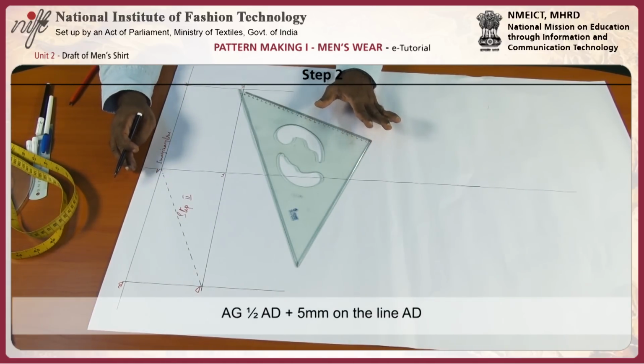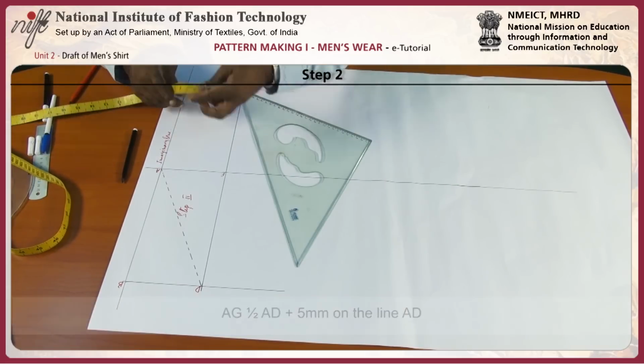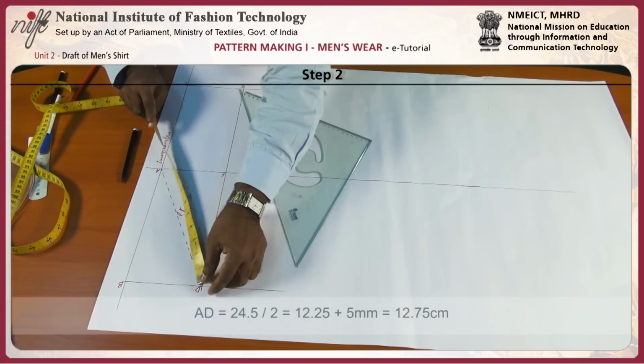A to G is half of AD plus 5 millimeter on the line AD.